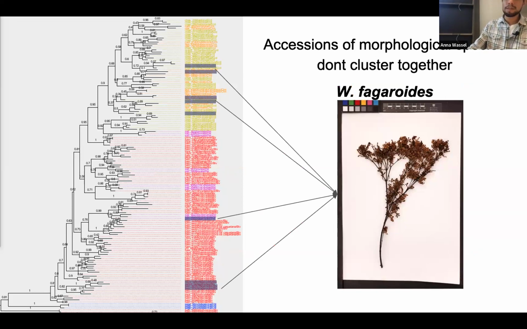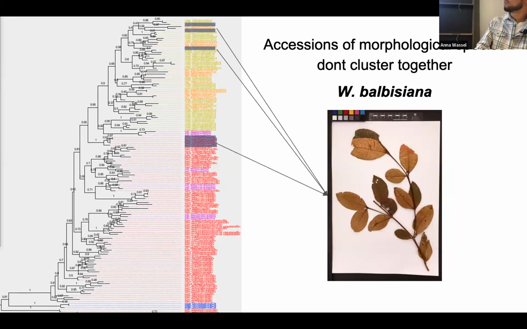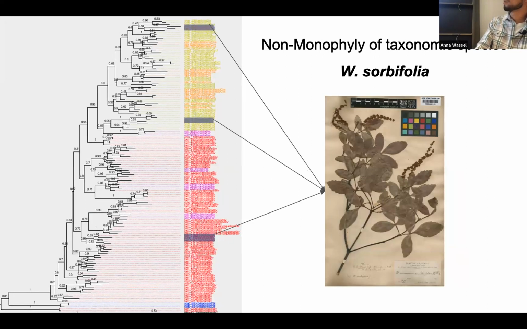So for instance, we have Weinmannia fagaroides, which groups in different clades along the phylogeny. The same thing with Weinmannia pinnata, another compound-leaved Weinmannia, Weinmannia baldwiniana, which occurs in around 3 clades in this phylogeny, and Weinmannia sorbifolia. These are just some examples.